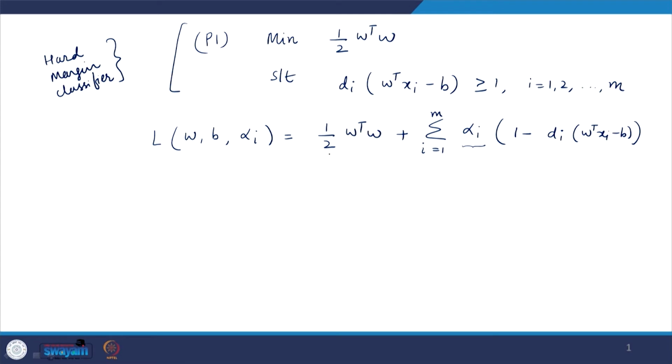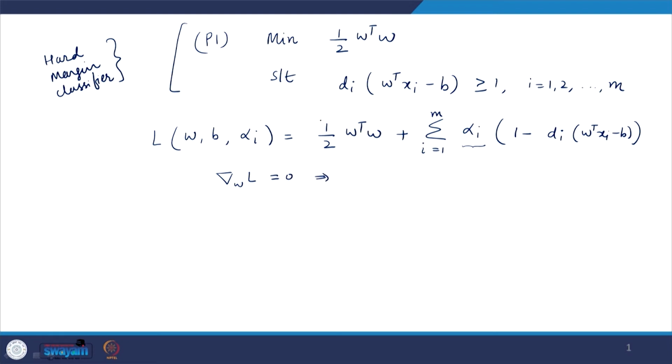Okay. Now, if I want to write the KKT conditions of this problem, what are the variables here? Variables are W, B and alpha i, this we have to find. So, first we differentiate with respect to W and put it equal to 0.